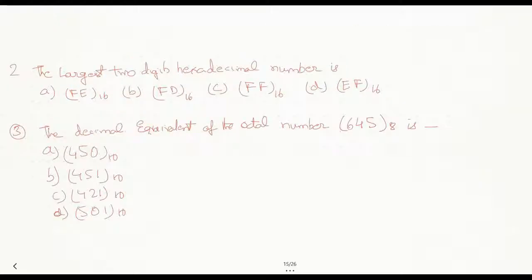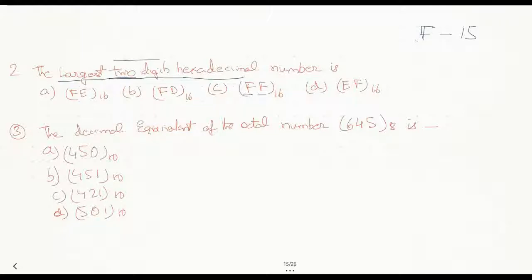Question number 2 states: largest 2-digit hexadecimal number. In hexadecimal notation, we know that the largest value is held by F, that is 15. We cannot have any value more than F, right? So this combination, FF, will give us the maximum value that is possible.